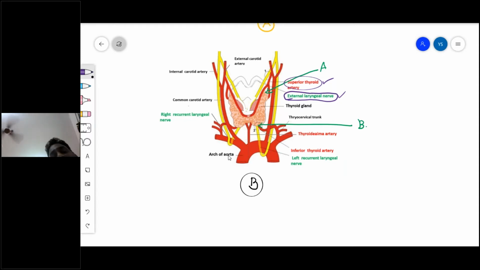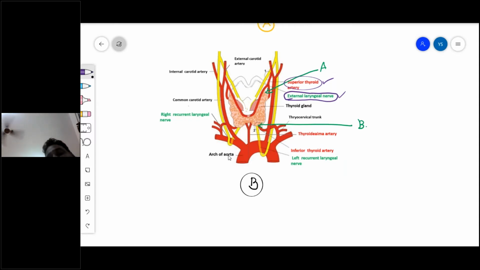Next point, usually apex is sandwiched in between two structures. That one is the oblique line of thyroid cartilage, and number two, sternothyroid muscle. So this is about the relations of apex. Now we come to the base.